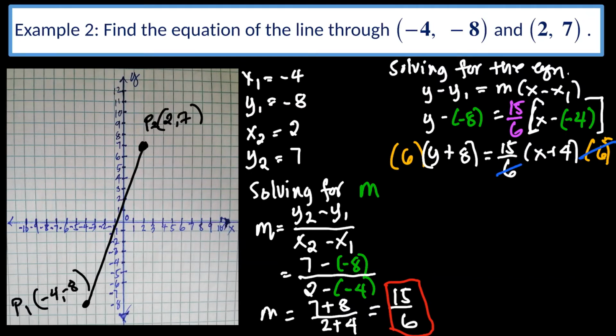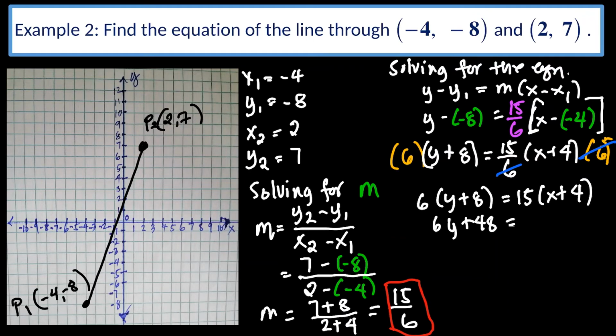So what is left here is 6 times y plus 8, and we have here 15 times x plus 4, and so this will give us 6y plus 48 equals 15x plus 60.